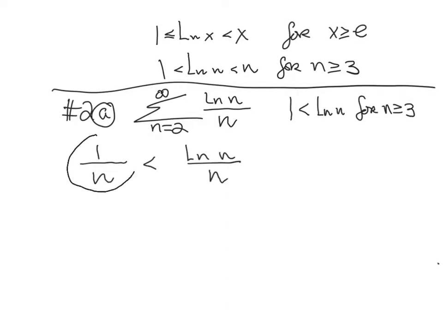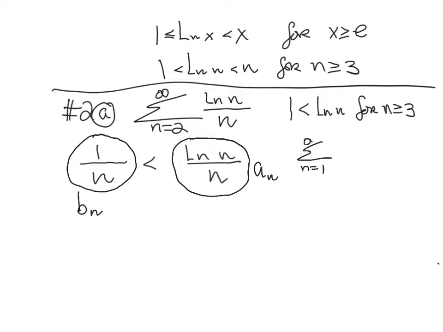So we have 1 is less than ln of n. We divide both sides by n. We have this inequality: 1 over n is smaller than ln of n over n for n greater or equal to 3. So we'll call 1 over n b sub n, and ln of n over n a sub n.